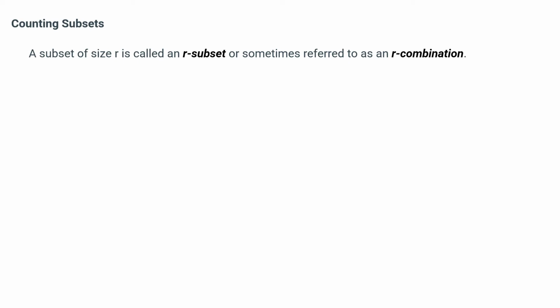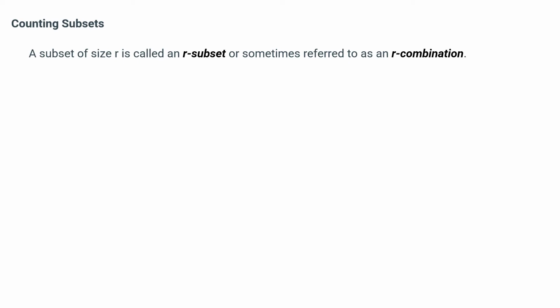Okay, so in this section we're interested in counting the number of subsets. A subset of size r is called an r-subset, sometimes referred to as an r-combination. And if you've had statistics, you've learned about permutations and combinations.